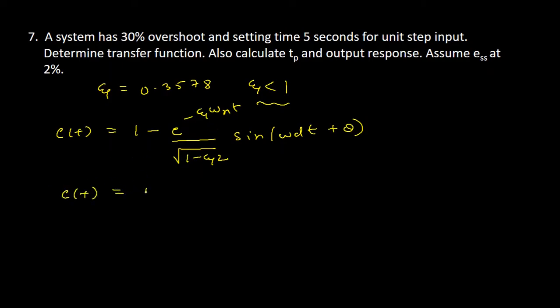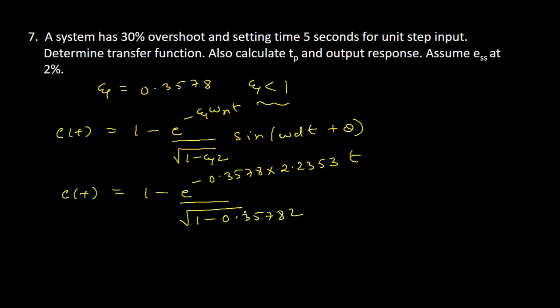Therefore, c(t) will be equal to 1 minus e to the power minus 0.3578 into 2.2353 t divided by under root 1 minus 0.3578 square into sine of omega d, which is 2.0873 t, plus theta in radians, which is 1.2048.